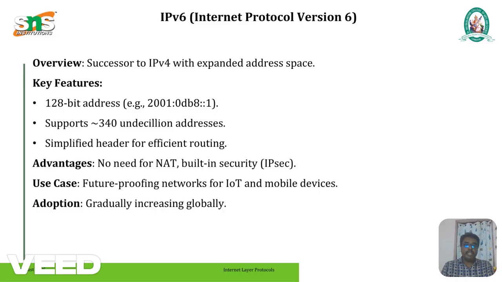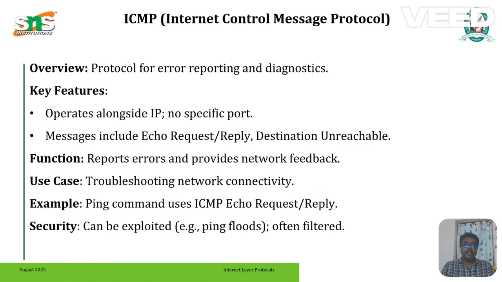It also helps in identifying systems in the internet of things network, and it supports mobile devices, whereas IPv4 lags in all these things. The adoption of IPv6 is increasing globally, and people are migrating from IPv4 to IPv6.